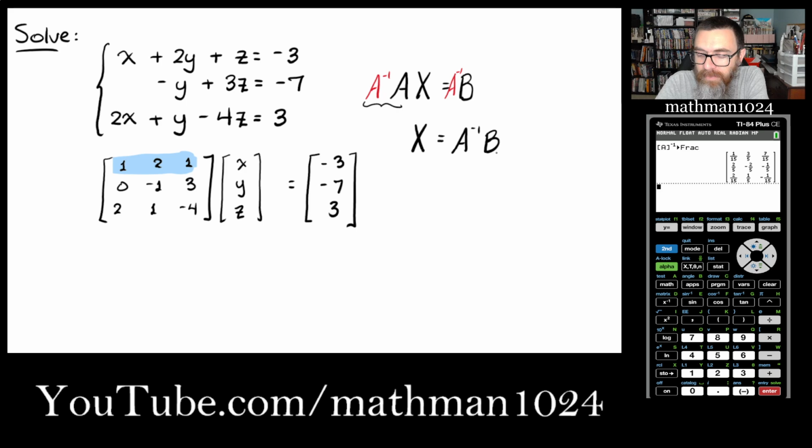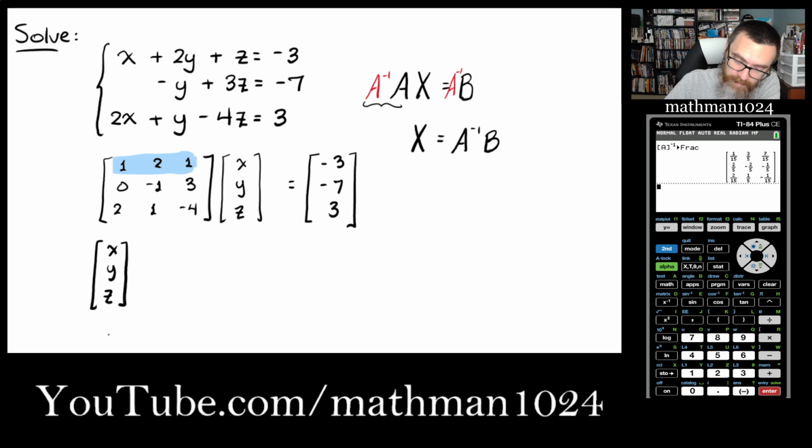Okay, so that means that my solutions given by X, Y, and Z to this system will be equal to taking the inverse of that 3 by 3. That, again, we found in a previous video. We still see it here on the calculator. So that's 1/15, 3 over 5, 7 over 15.